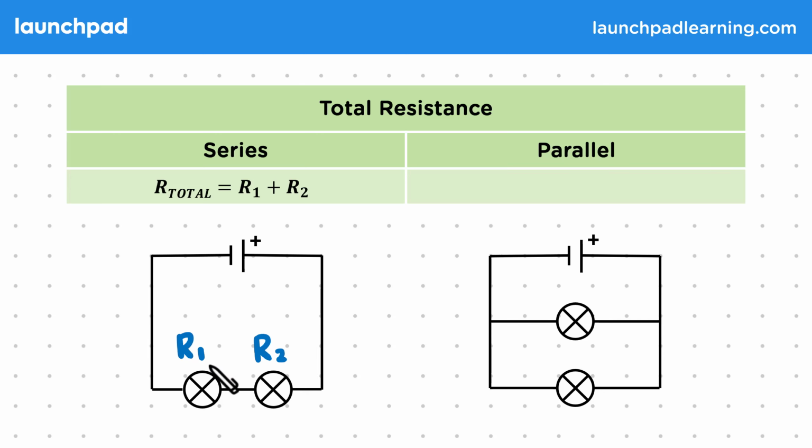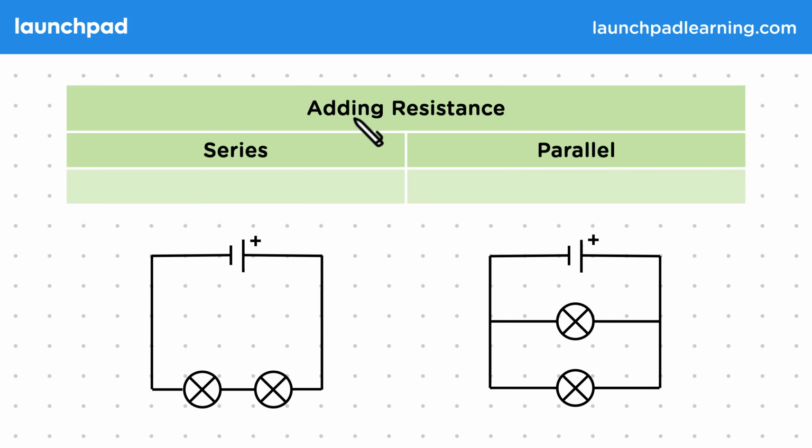Then in the parallel circuit, let's again label the resistances as R1 and R2. At GCSE, you won't need to be able to calculate the total resistance in a parallel circuit, but you need to know that it will be less than both R1 and R2. So resistors in series combine to make a larger resistance, while resistors in parallel combine to make a smaller resistance.